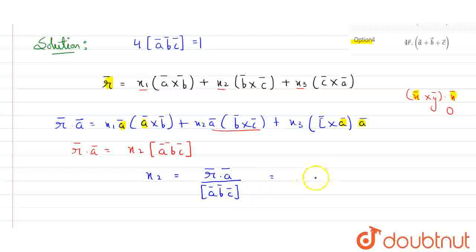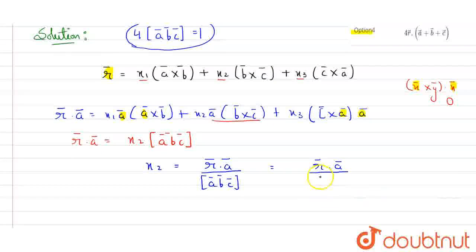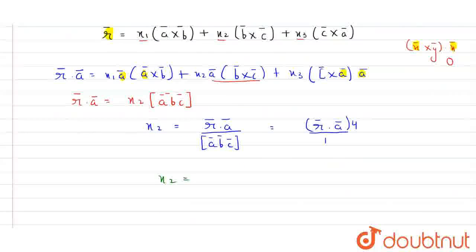Now look, r dot a and my value for [a b c]: here it is given that 4 times [a b c] equals 1, so the [a b c] value will be 1 upon 4. So from here my x2 value will be equal to what I concluded, 4 times r dot a.